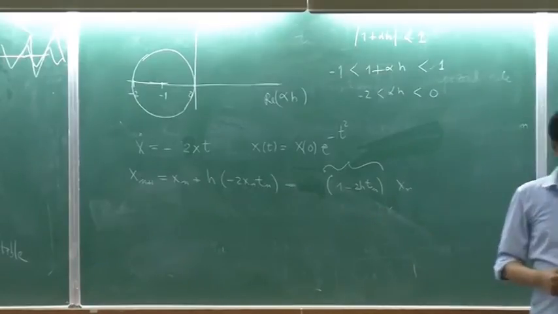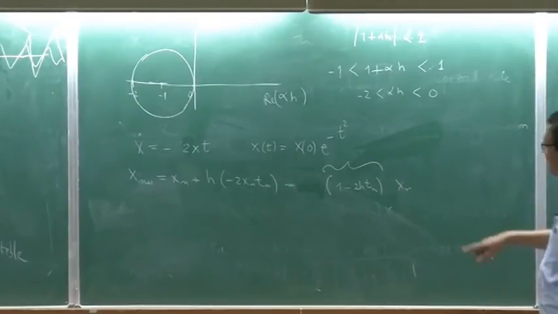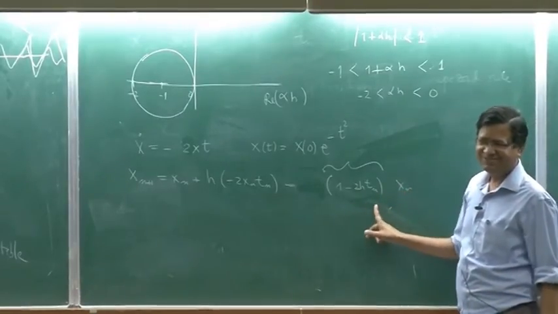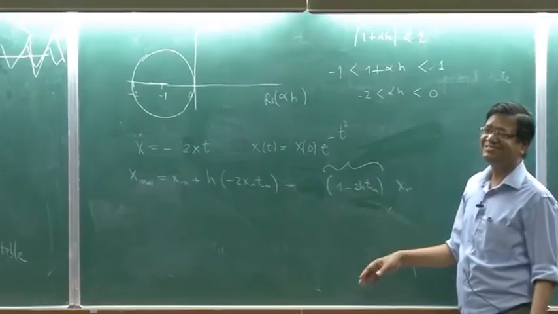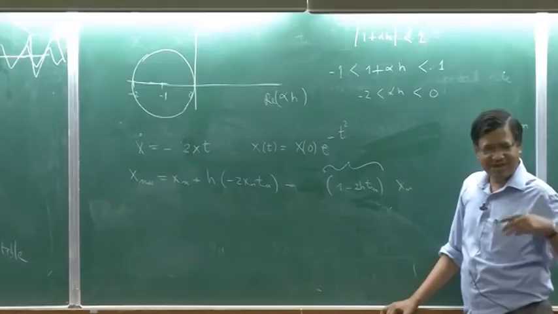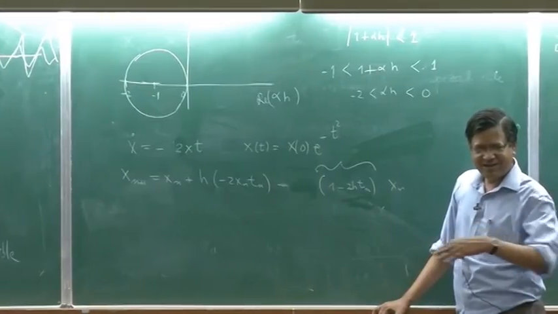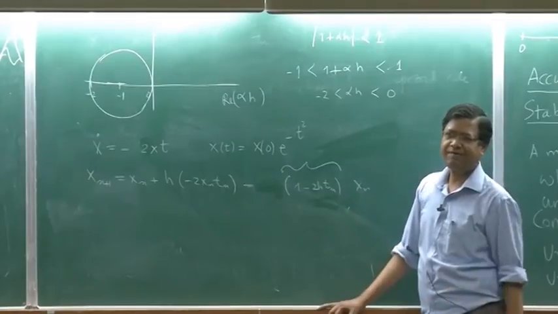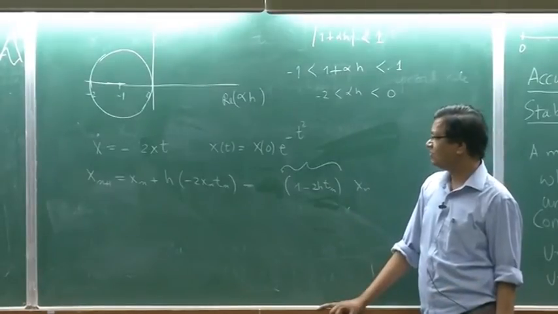I may choose a very tiny h, but for large enough t this can become a problem. If you are not careful, your solution will behave properly in the beginning, but later on it will start oscillating. So one has to be careful.